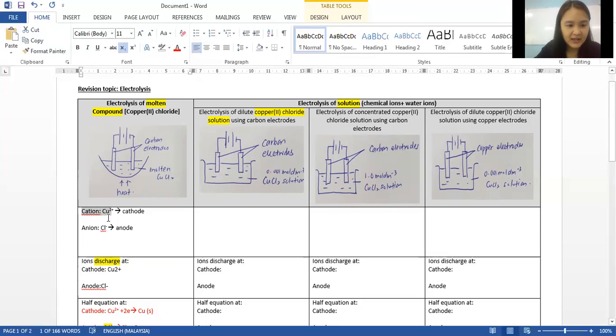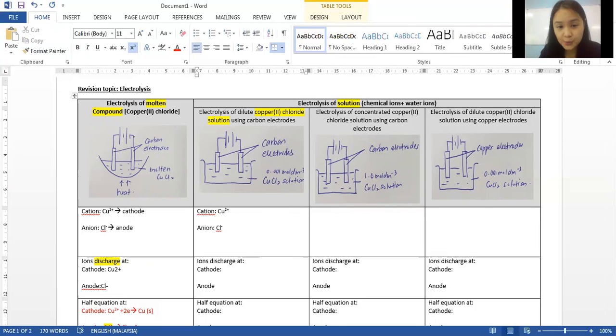Now, in this case, let's discuss what are the cations and anions found. So you have cation Cu2+, anion Cl-. On top of that, when you see the word solution, it means you have H+ and OH- from the water. So H+ is a positive ion, it is a cation, and OH-, negative ion, it is an anion.